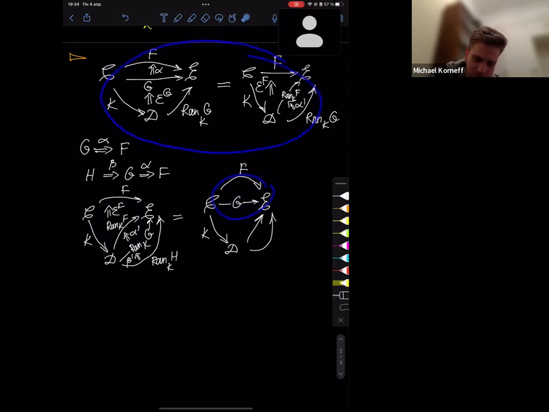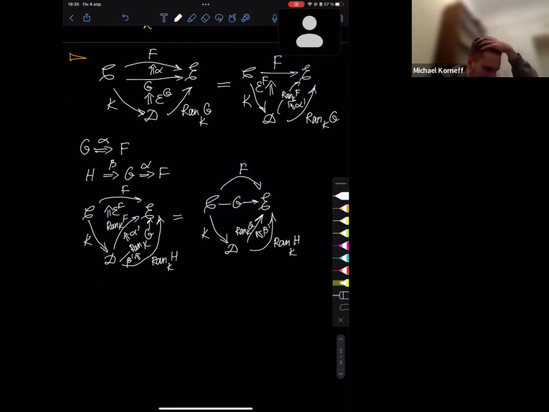I use this relation, and K, and here we have epsilon G natural transformation, and here alpha.